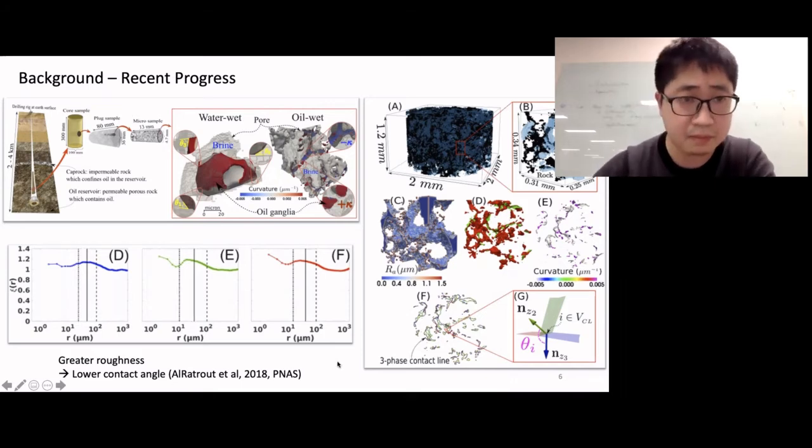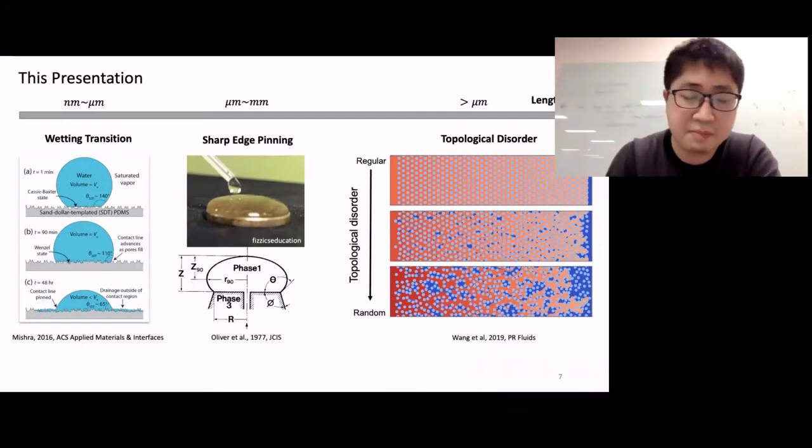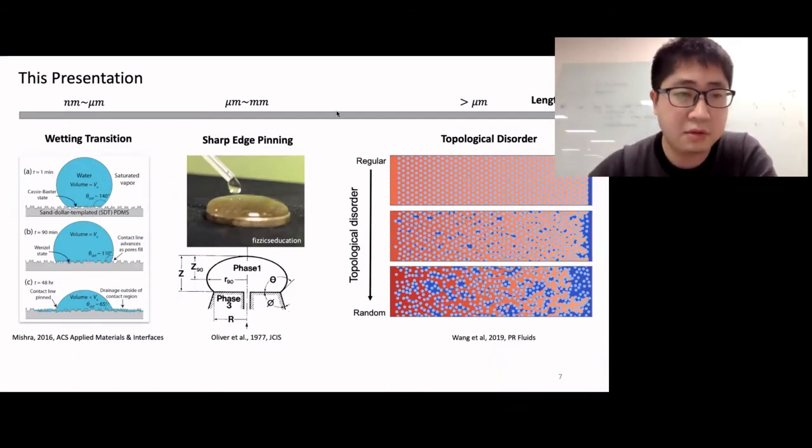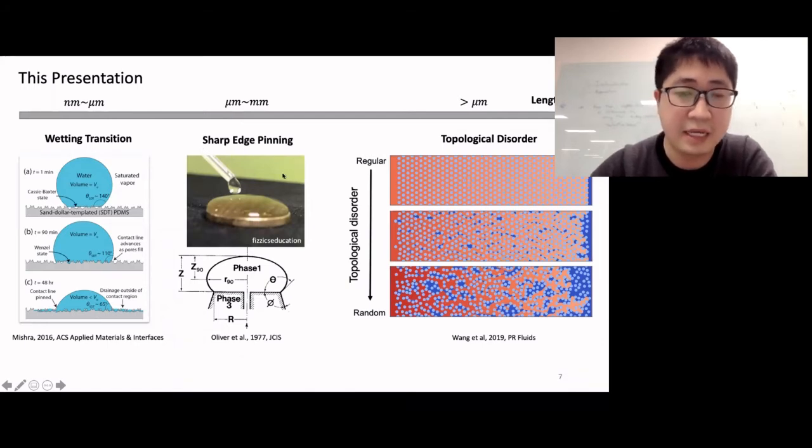So in this presentation, we'll also tackle a few aspects of these problems. We're going to talk about how the roughness of the grain surface influences the displacement process. We also move from the nanometer or micrometer scale to the micro to millimeter scale, where we look at the effect of particle shape, where the sharp edge pinning phenomenon is present.